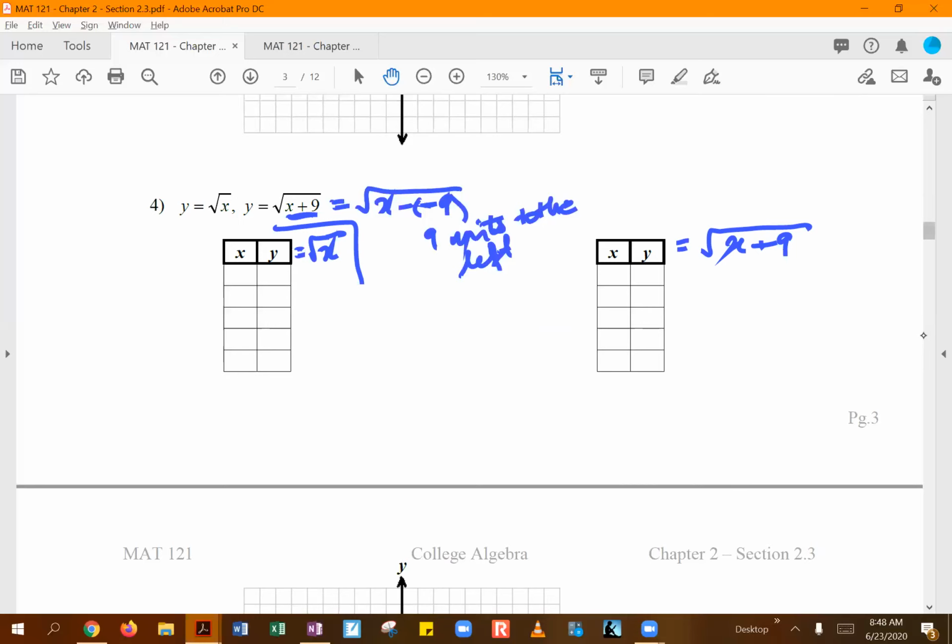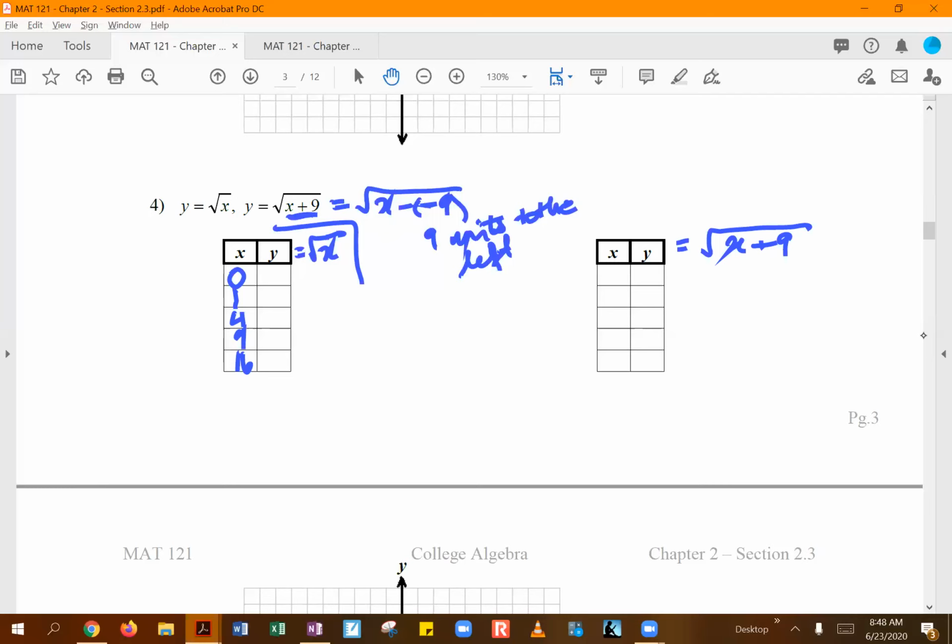So when you select numbers for this, pick numbers that would be perfect squares that would help you get nice and clean answers. Square roots can have 0 in them, so we will start with 0. We can do square root of 1. And then like you saw yesterday, we can do square root of 4, square root of 9, square root of 16. Though we won't be able to graph that 16 over there.